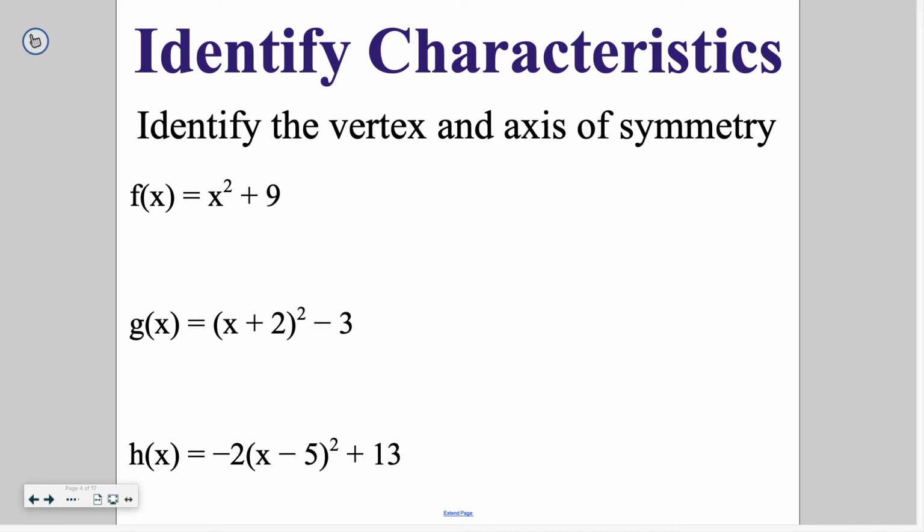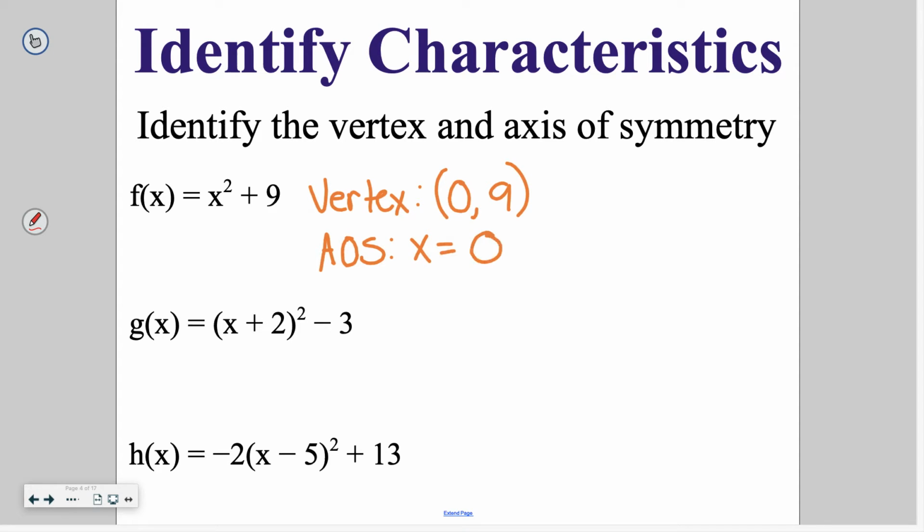So that tells you that that x coordinate for your vertex is going to stay at 0, which is the coordinate for that parent function. But then I have plus 9, so that means my vertex has shifted up to (0, 9). My axis of symmetry then, which you can abbreviate as AOS, is then going to be x equals 0. It's that x coordinate value.